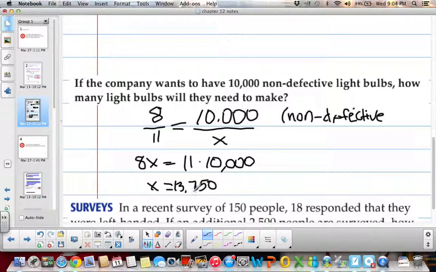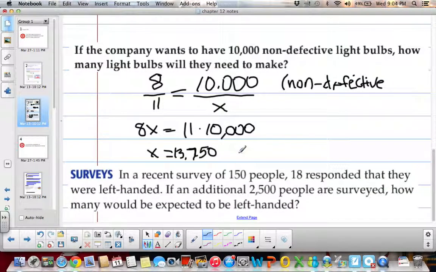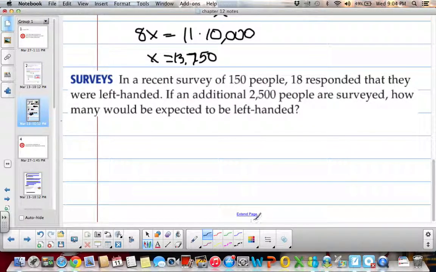That should be a 7. So that tells us that they need to make 13,750 light bulbs in order for 10,000 to be non-defective. Okay, pause me really quick and do this last problem on your own.